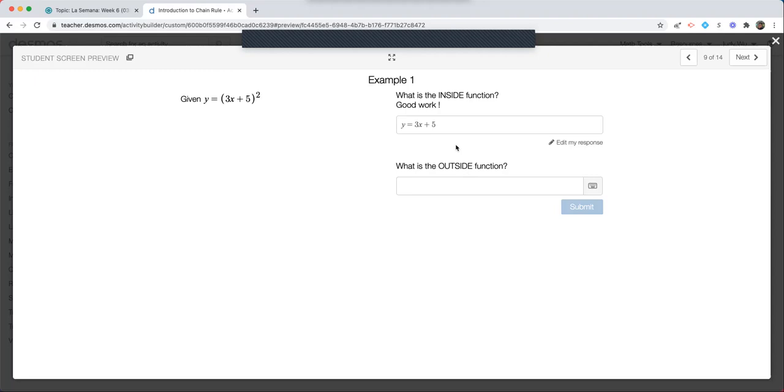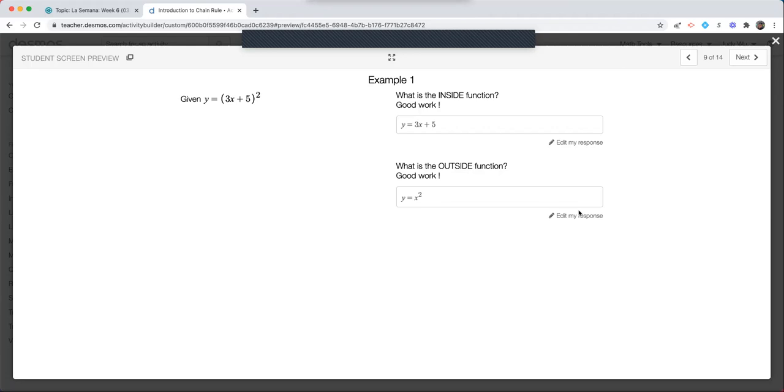Okay, so now after you do 3x plus 5, right? What do you do second? We square it, okay? So if you typed in x squared here and you tried to submit that, same thing, please try again because we need to have our y equals there, okay?